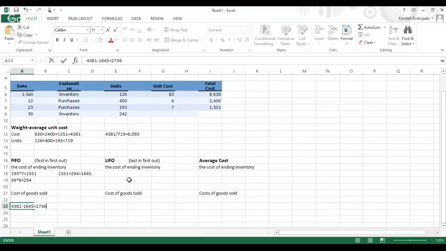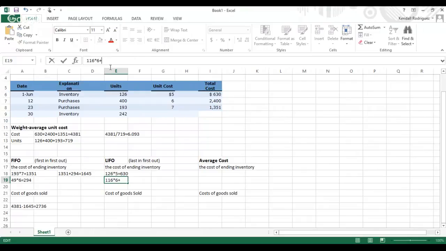So when we do last in, first out, which is the latest inventory sold first, we'll start with the inventory on June 1st, which is 126 units, and those were sold at 5. When you multiply that out, you're going to get 630. And so then from the 242, we still have 116 units left that were in the ending inventory. And so that'll be 116 of the 400 sold at $6 per unit.